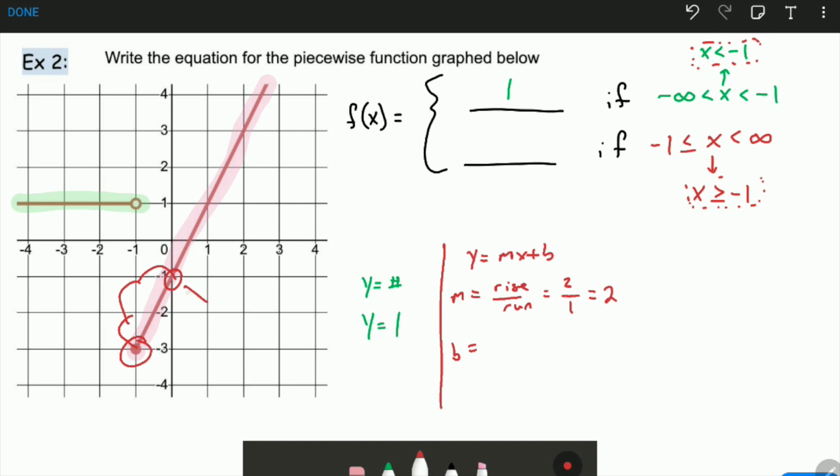My y-intercept there is -1. So we have both pieces we need for the equation, and our equation is y equals 2x plus b, or -1. And there we have it, our piecewise function.